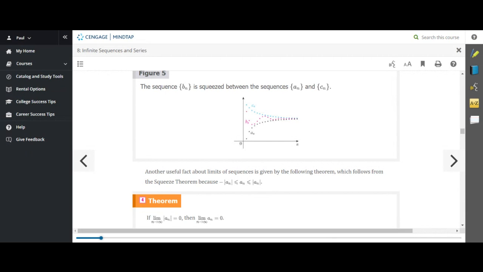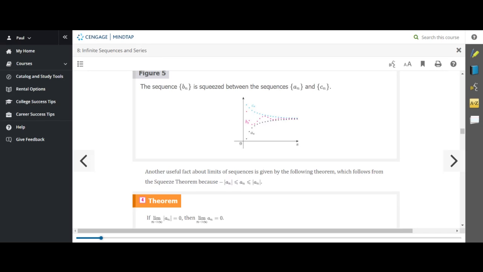Okay, Sophie thinks so, and Renaud thinks so. Let me ask you this. What about the sequence b_n? We agree that the sequences a_n and c_n converge.